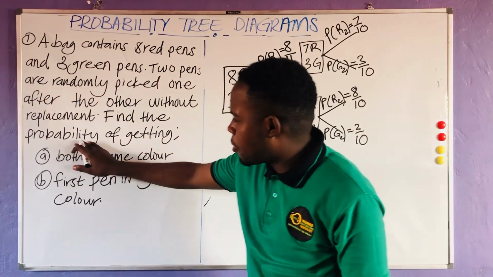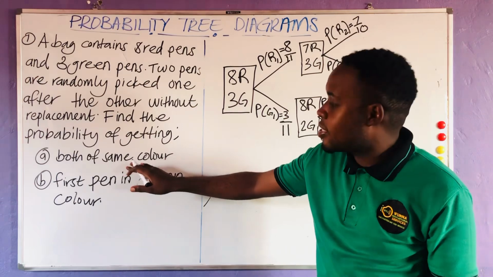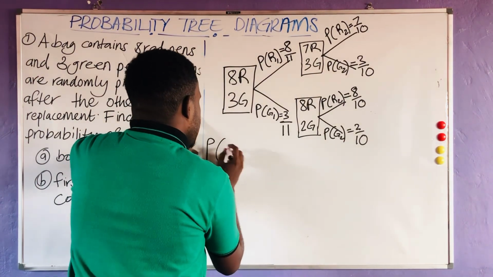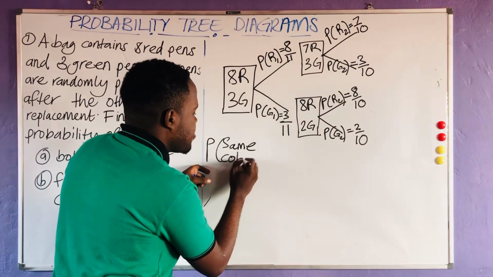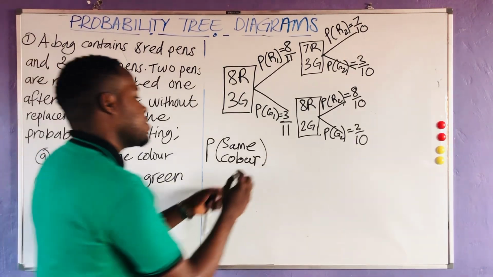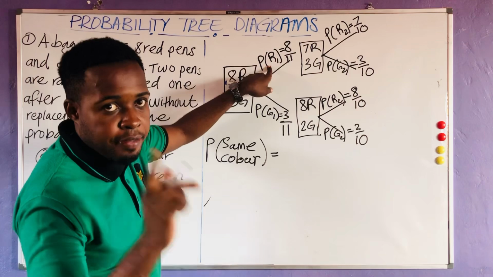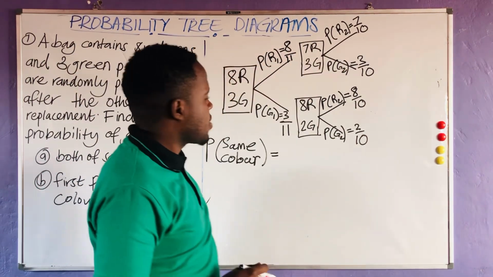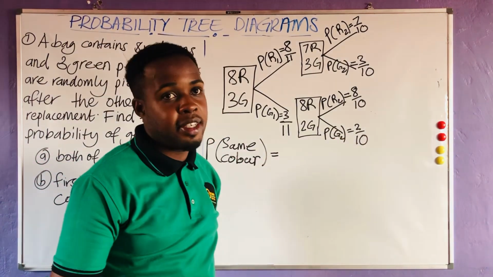They want us to get the probability of both pens being the same color. For both pens to have the same color, it would mean that someone would pick red for the first time and red for the second time, or they would pick green for the first time and green for the second time.